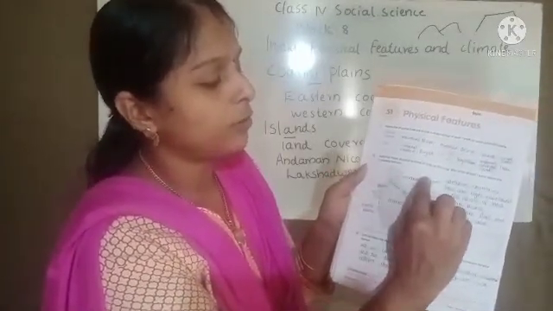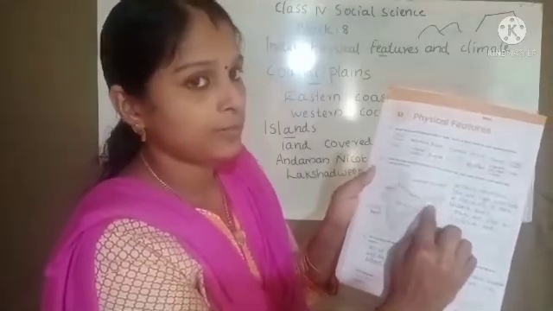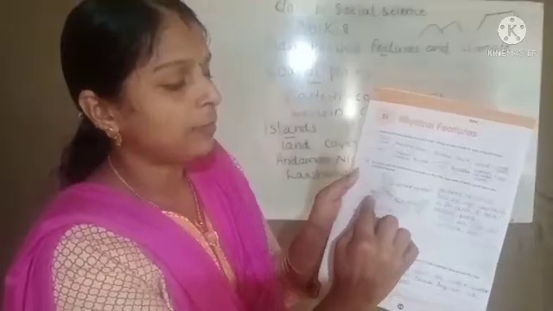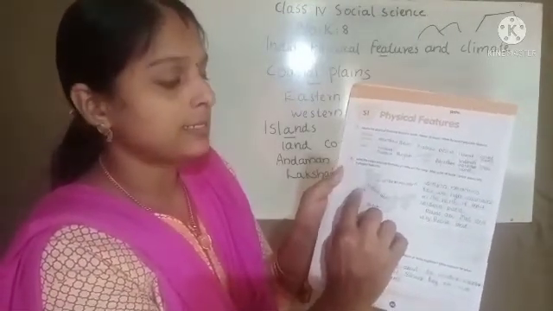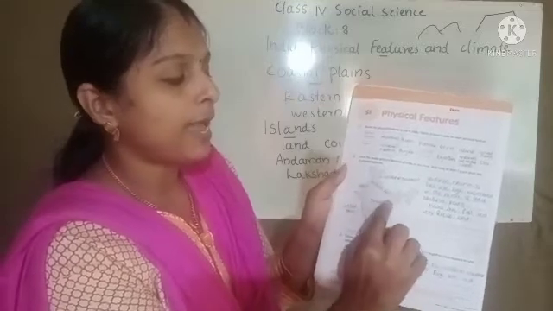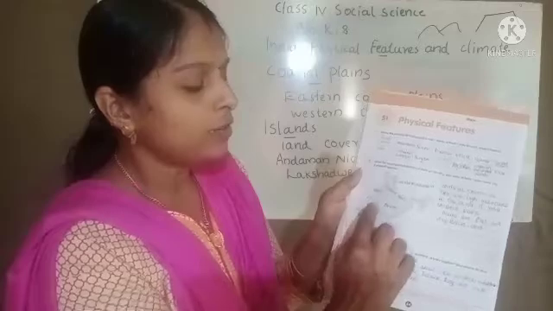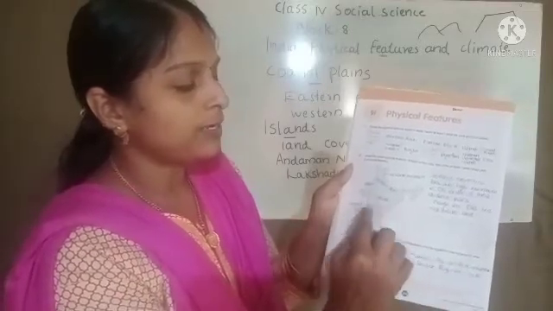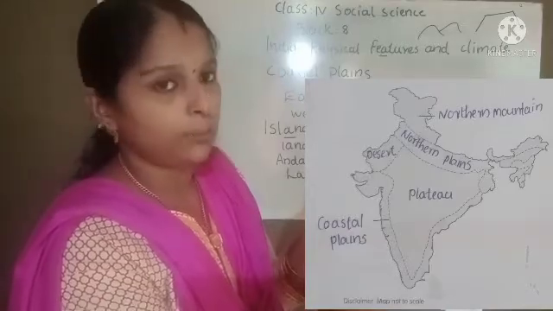Just below the northern mountain are the northern plains. Then in the place of Rajasthan you have to write desert. Then next one is plateau. And on two sides, eastern coastal plains and western coastal plains are there. So at any one place you can write coastal plains.